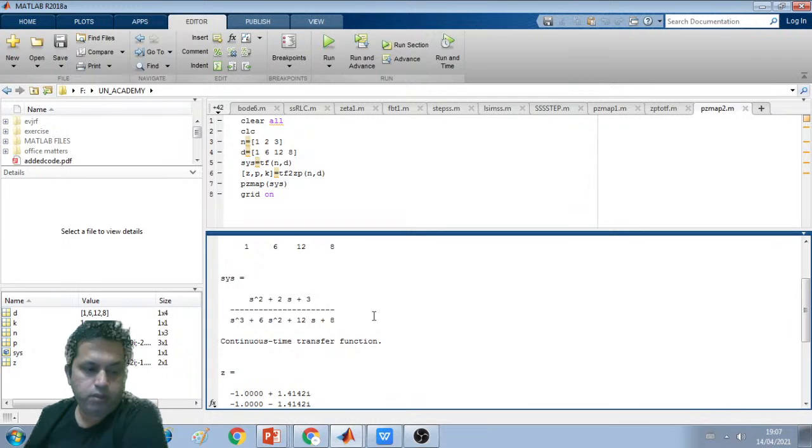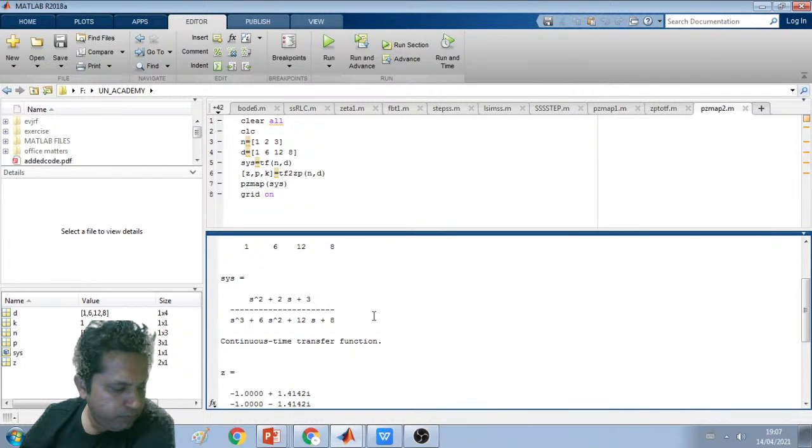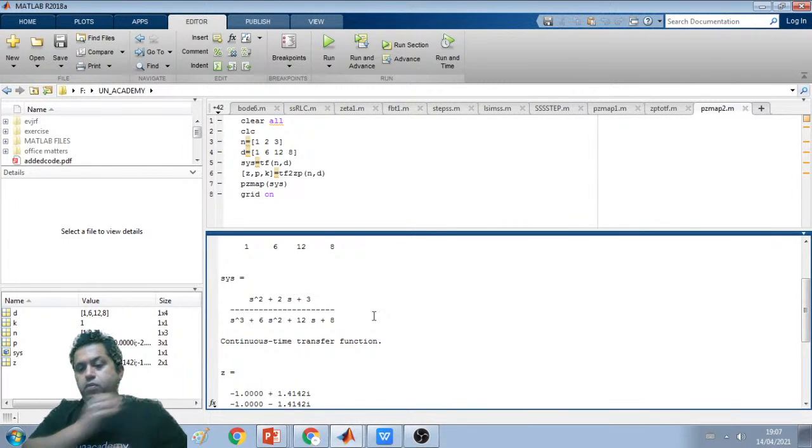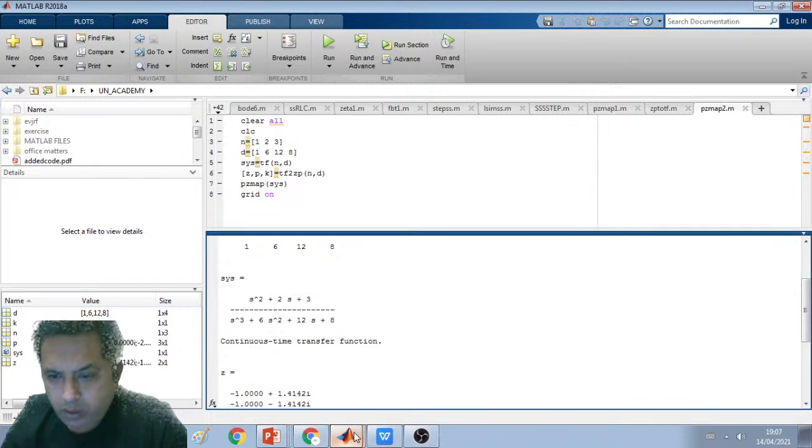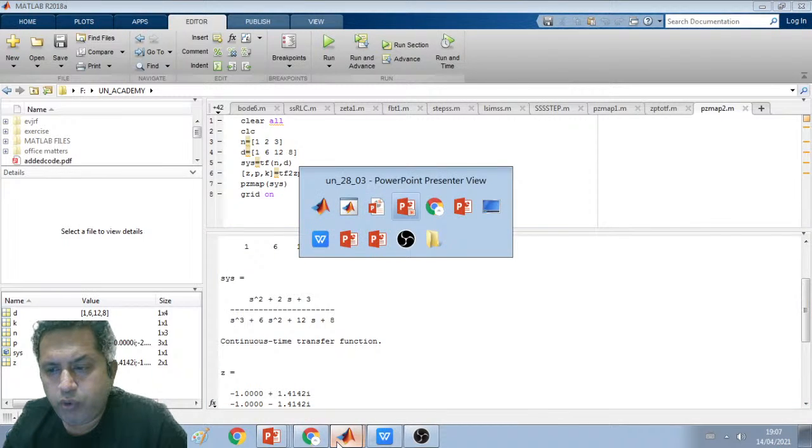So this is the pole zero plot. Let us solve one more example.